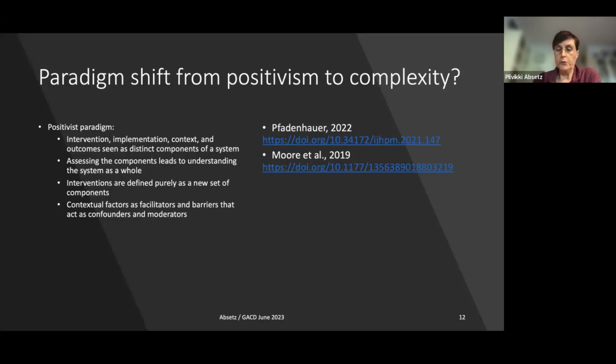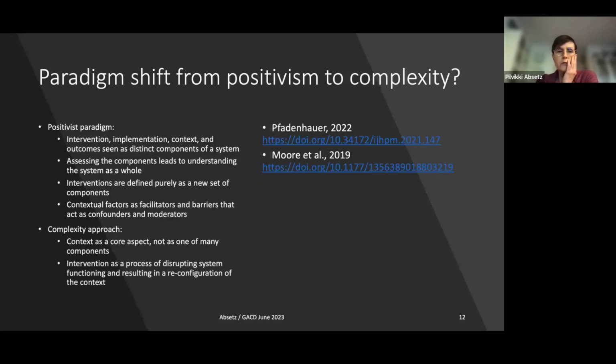Implementation science comes from clinical intervention work, but policy implementation research is probably more familiar with the complexity approach.